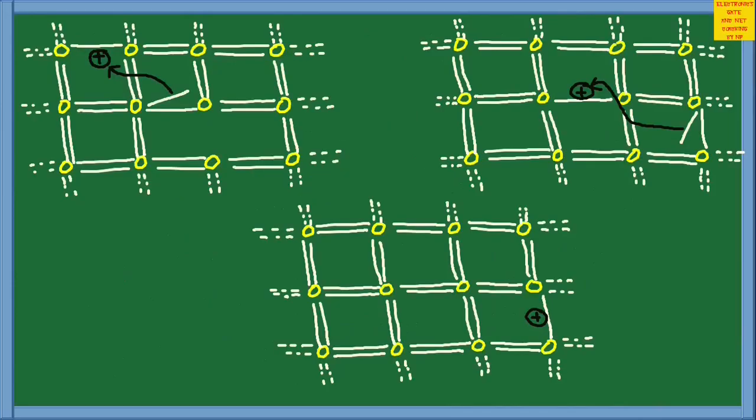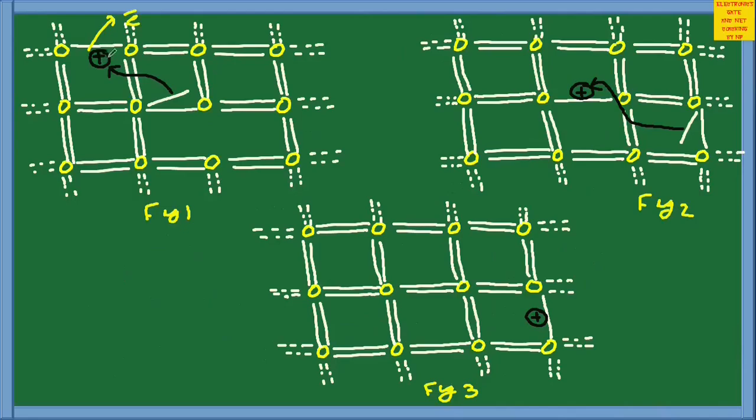To understand that, let's consider these figures. This is our figure 1, this is our figure 2 and this is our figure 3. In figure 1, we can see one bond is already broken and there will be some free electron here, and here we have a positive ion. Now we know the positive ion will attract negative charges, or this positive ion will attract electrons.